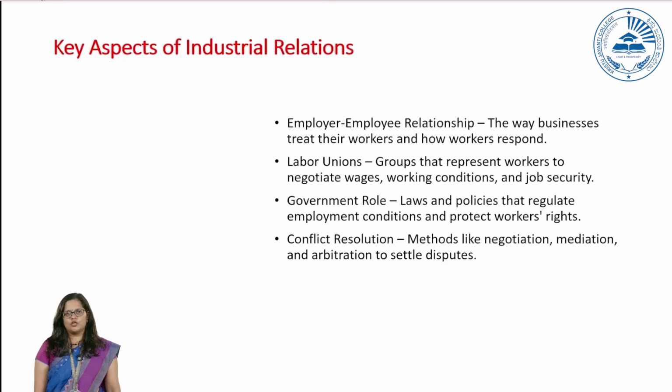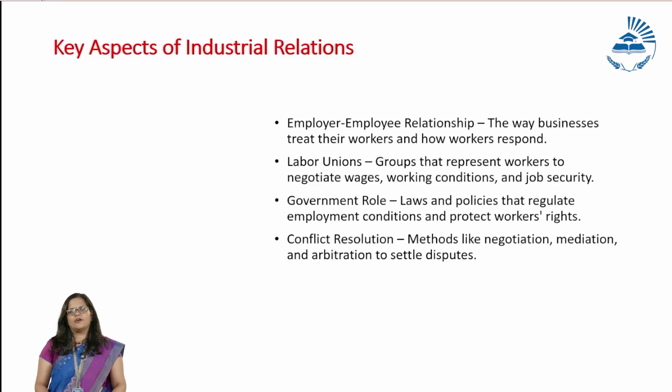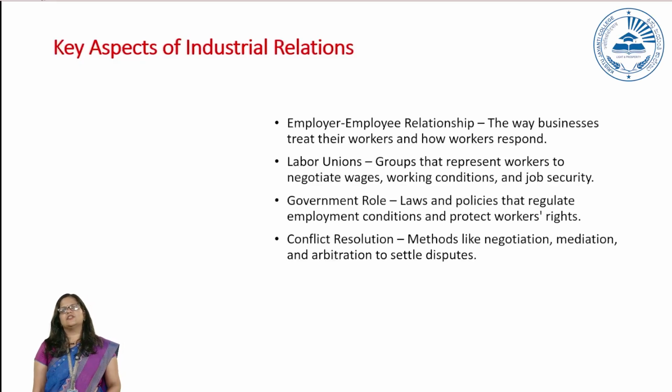So, as you all know, it is very important to have a very good relationship between employees and employers. So, it is the basic meaning of industrial relations, that is to have a good relationship between employers and employees. So the way business treat how they treat their employees and how they respond back to the business or the management is basically about the industrial relationship.